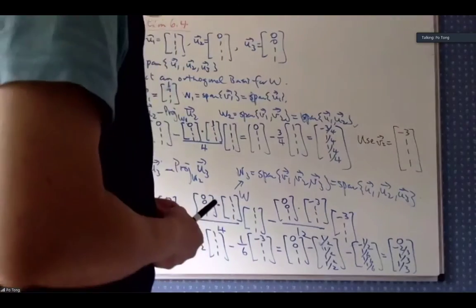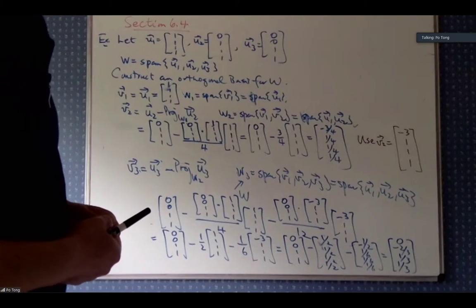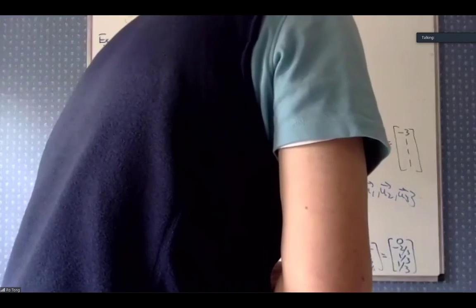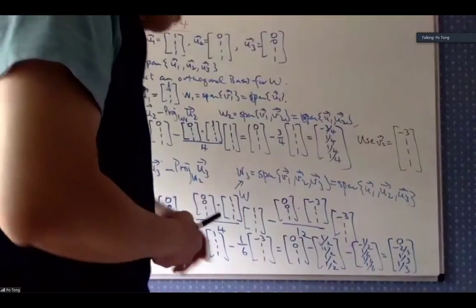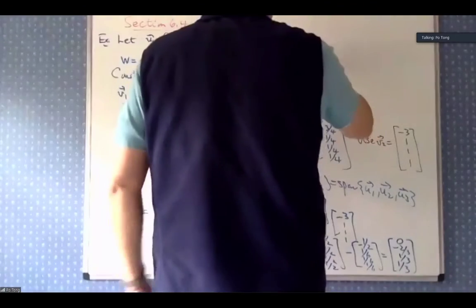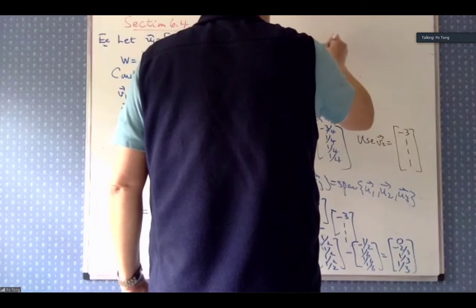Okay. Yeah. Okay. You guys good? So we now have my orthogonal bases. W is spanned by these three vectors.